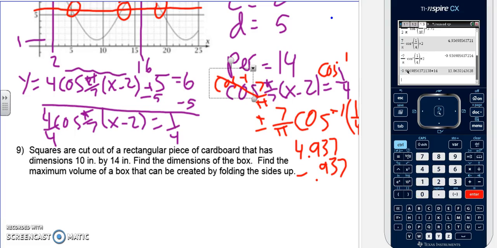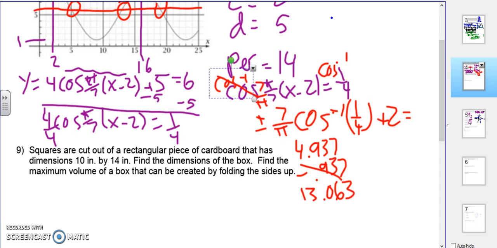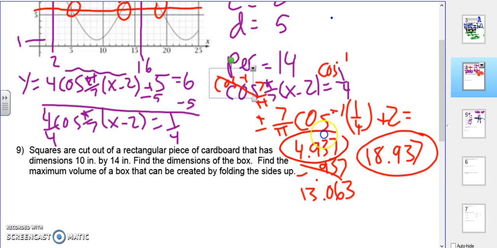So 13.063. So that gets rejected. 13.063 is my answer. And then I'm going to go back up to my other answer and add 14, which is, again, the period, 18.937. So there we go, and there we go.